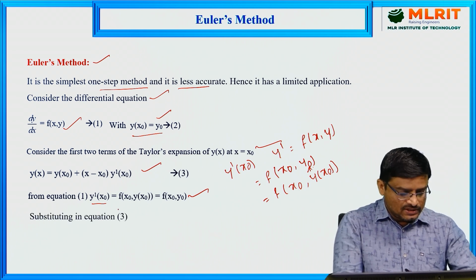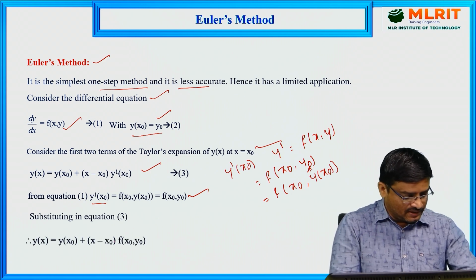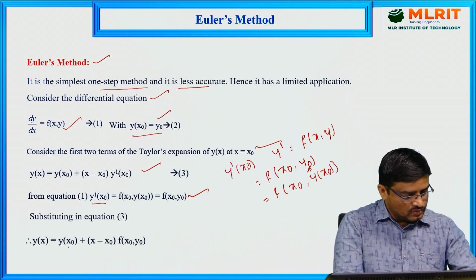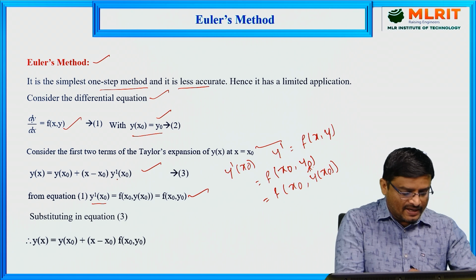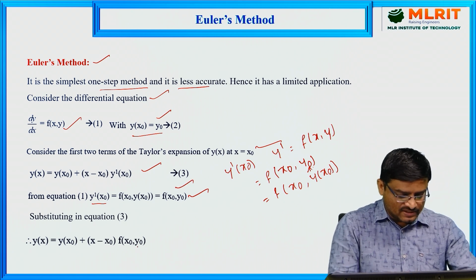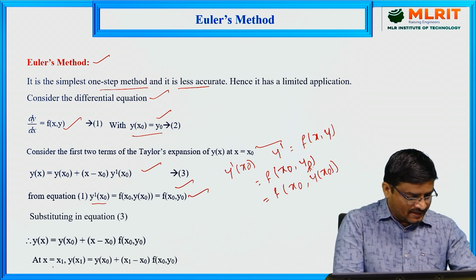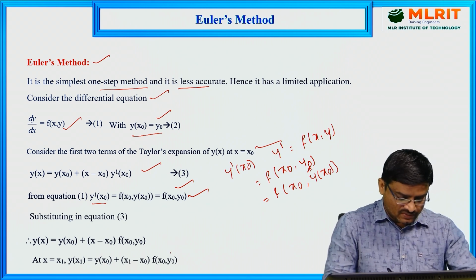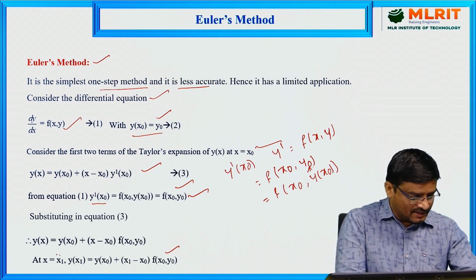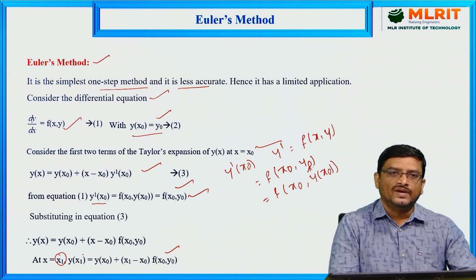Now substitute this y dash of x naught value in the third equation. We get y of x is equal to y of x naught plus (x minus x naught) into f of x naught comma y naught. Now this can be written when x is equal to x1 and y of x naught is equal to y naught. Just replacing that at the point where we have to find the numerical solution for the given differential equation.